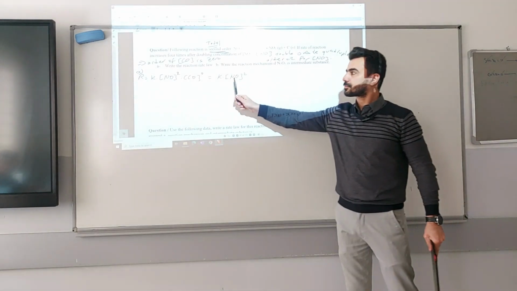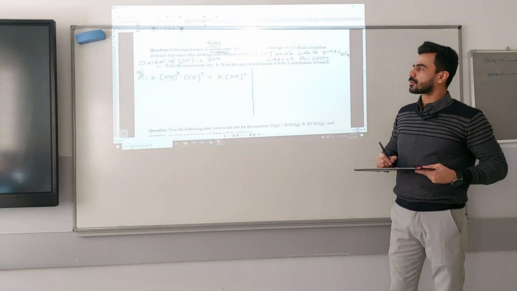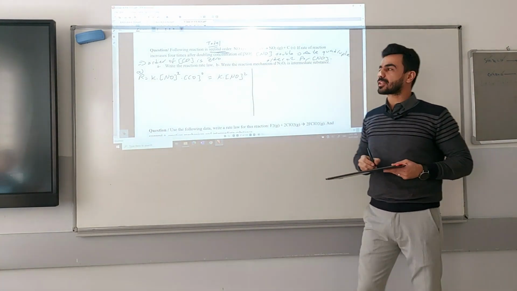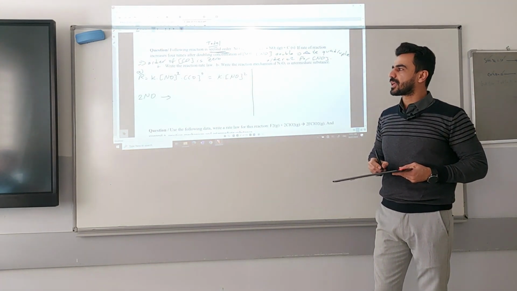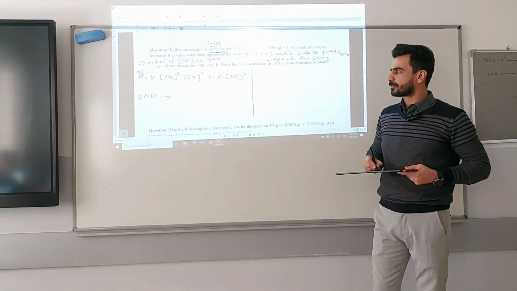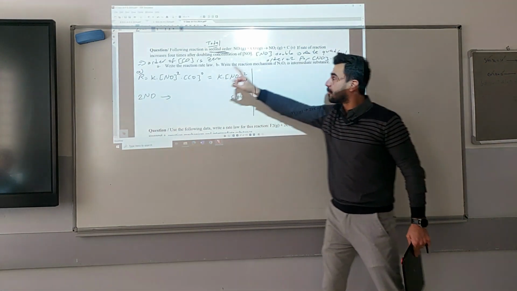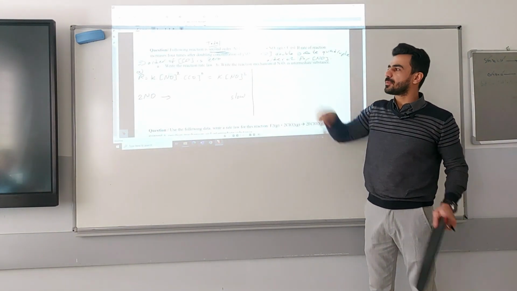Now, we know the rate law, and this is the reactant of the slow step. So the slow step is 2NO becoming something. Now we have to look at the product. But first, what is given? The intermediate is given. What is the intermediate?